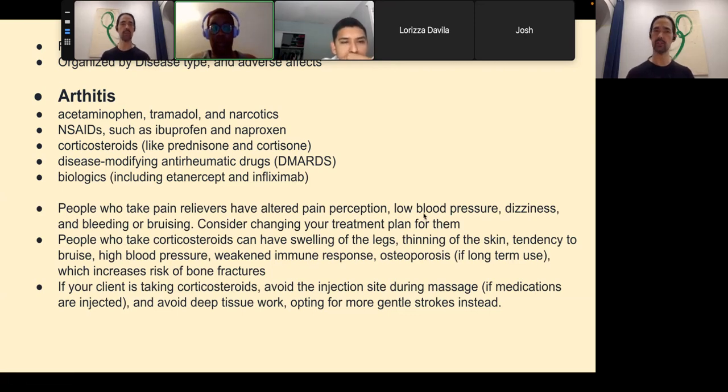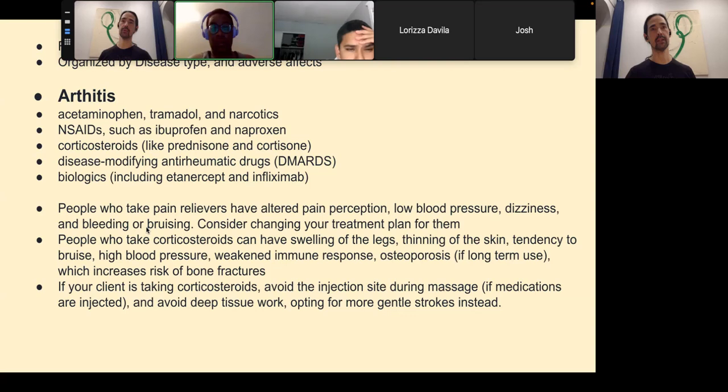So low blood pressure would be relevant when someone, for example, if they're walking around, they constantly have low blood pressure. If they get on or off the table and they have low blood pressure, you would need to watch them closer than other clients, to make sure that they don't faint, pass out, fall, right? Get dizzy and lose their balance.